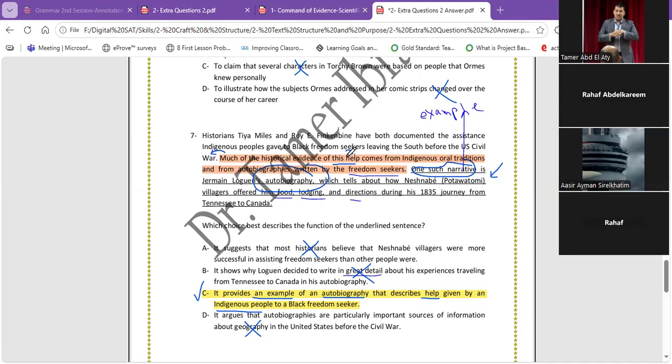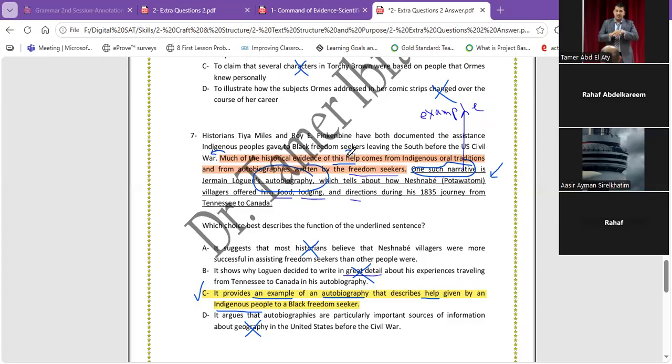So here he said, historians Tiya Miles and Roy E. Finkelman have both documented the assistance indigenous people gave to black freedom seekers leaving the South before the U.S. Civil War. So here we are talking about how indigenous people, meaning the native, original American people, helped black people to be free.